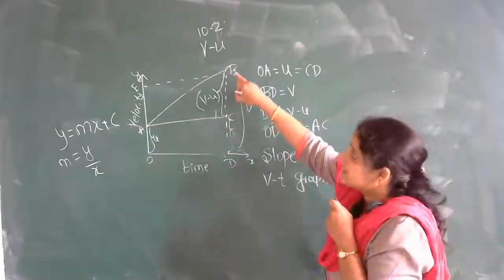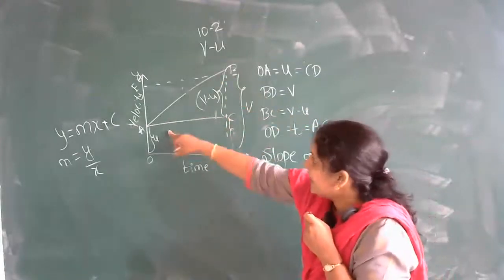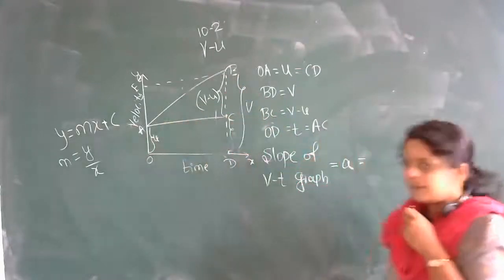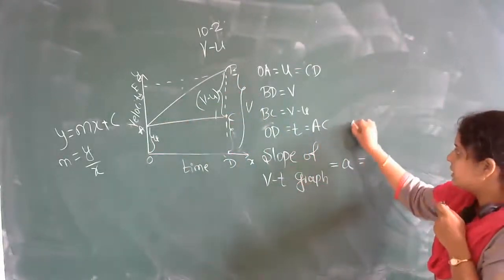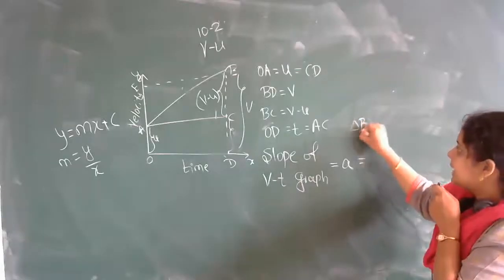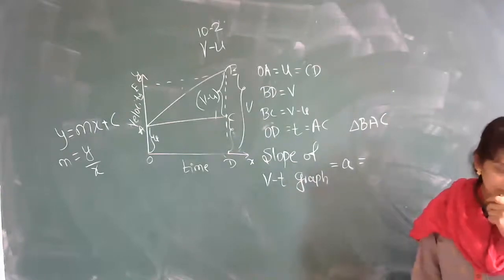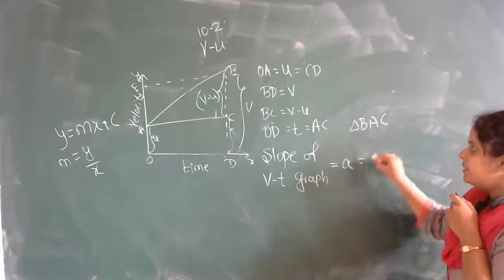Similarly, for the slope of the VT graph, here I'll consider the BAC triangle. You can compare with your diagram.